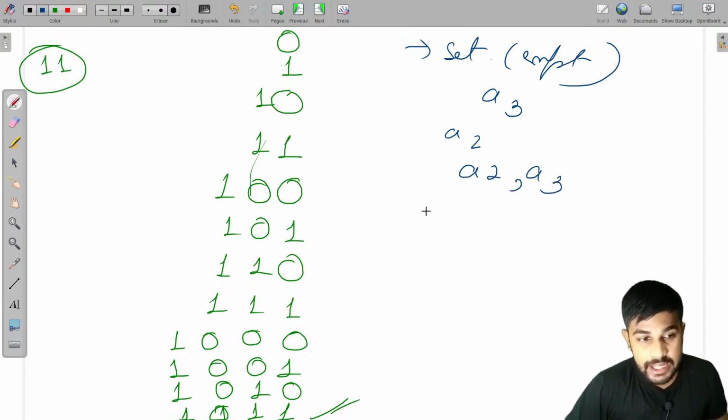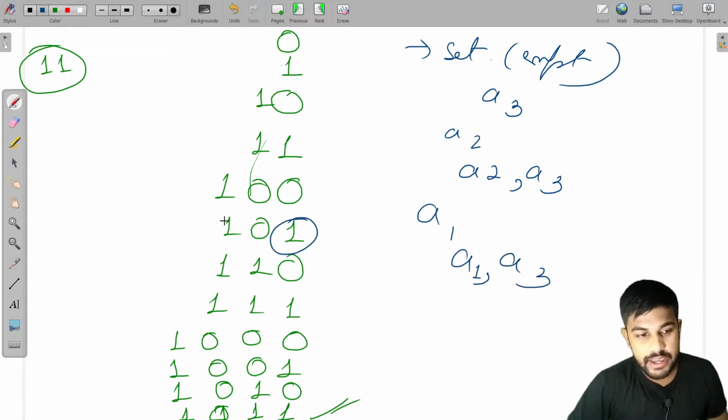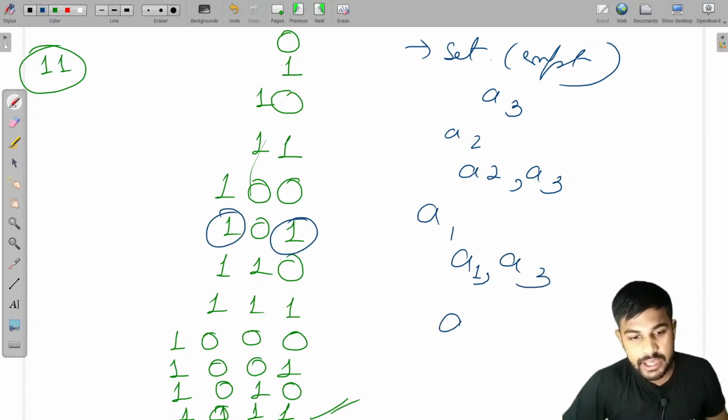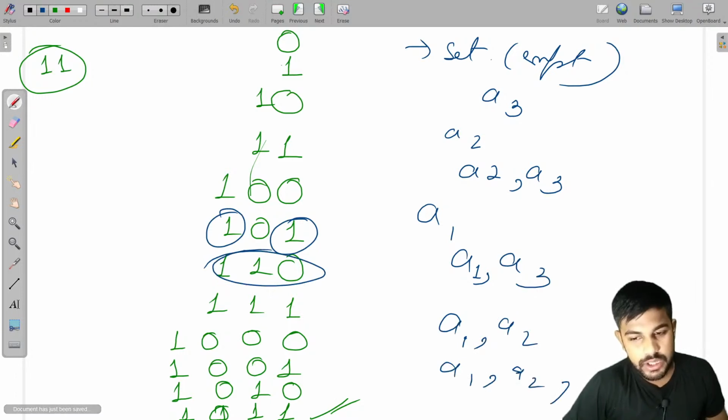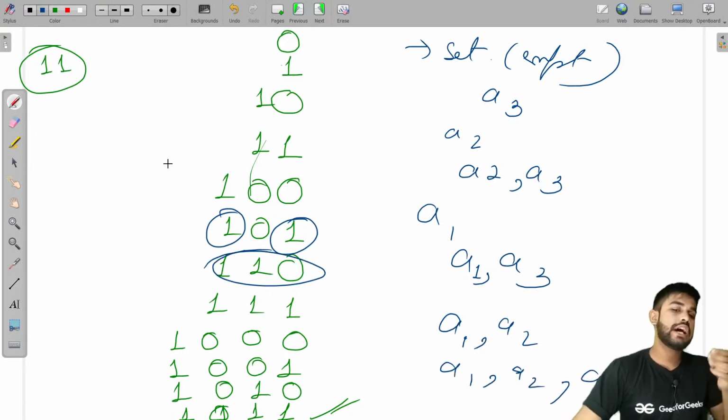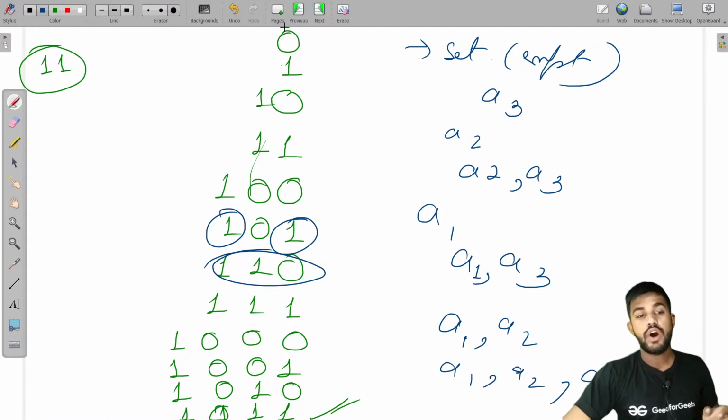Okay, and then we have a1, and then a1 here, and a3 here. This is a1, a3, and again I can write a1 and a2. Okay, this is good to go, and I can write a1, a2 and a3. These are all the possible combinations of this.